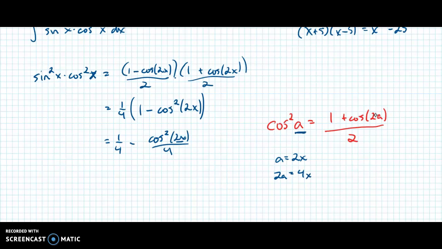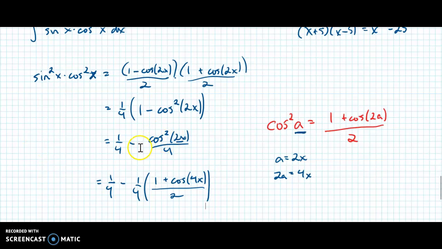I get 4x, right? So what am I going to get? I'm going to get 1 over 4 minus 1 over 4 times 1, remember cosine gets a plus, cosine of, and now the power reduction takes me to 1 plus cosine of 2a. Well, 2a is 4x. So I get my 4x all over 2 like that.